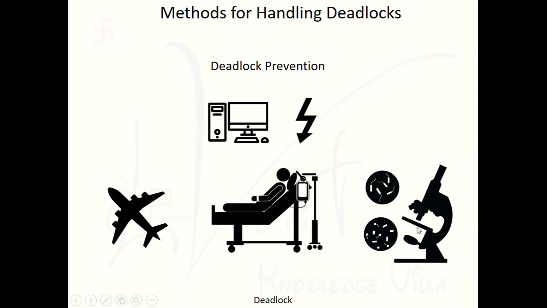Same thing for the research and development lab. If the systems go off or the electricity goes off, it will create more crucial issues. That's why prevention is required in this type of situation. So a very early step or very early strategy is required to prevent the deadlock.